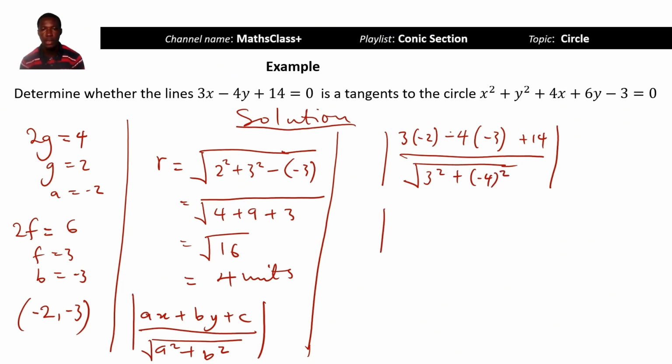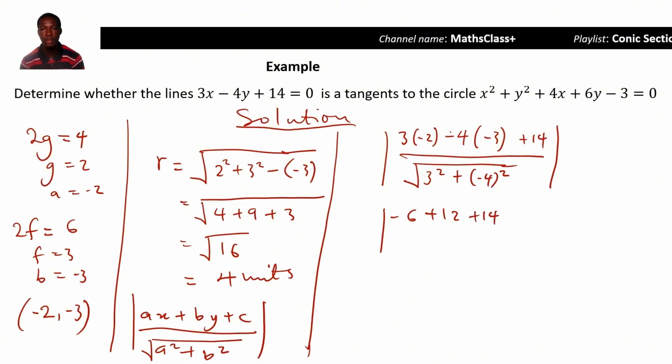And that's 3 times negative 2 is minus 6, 3 times negative 4 is positive 12, plus 14, divided by 9 plus 16, which is root of 25.